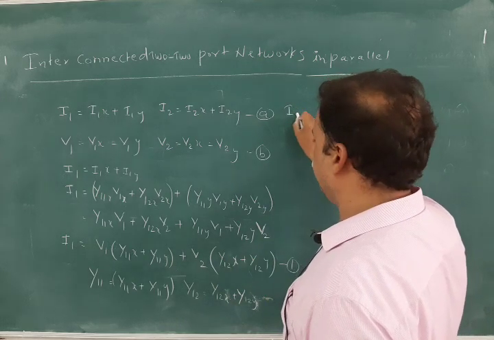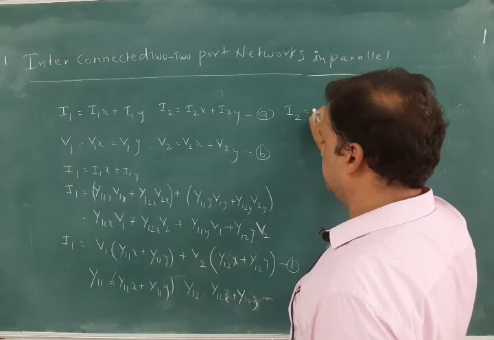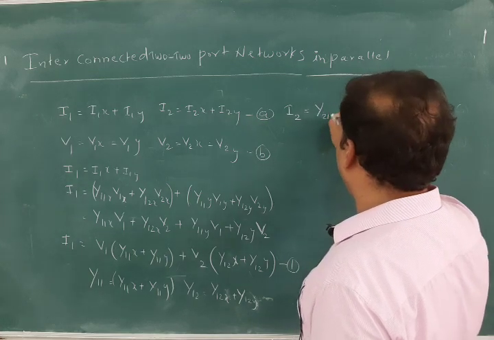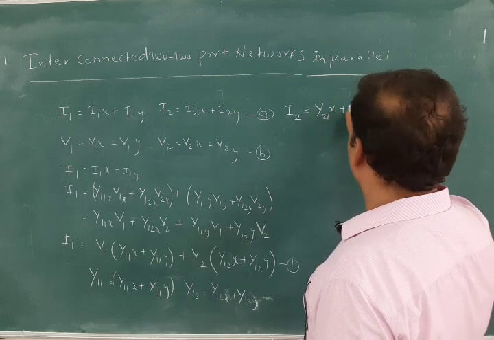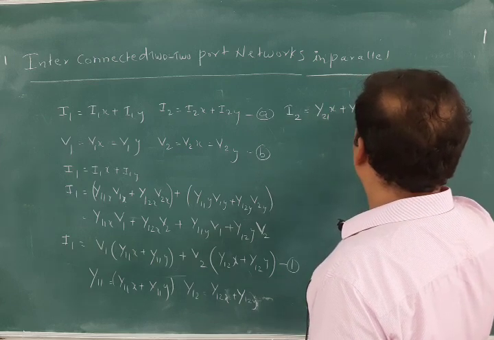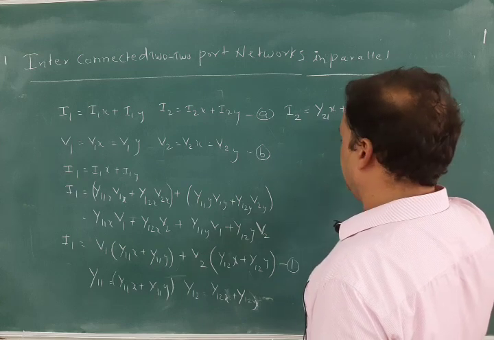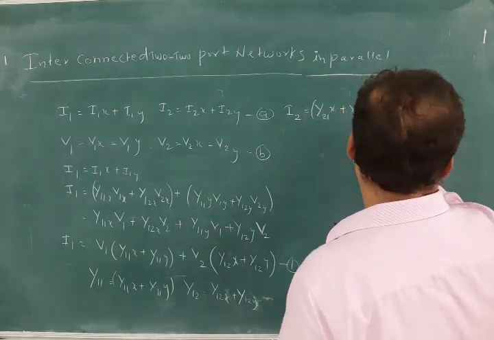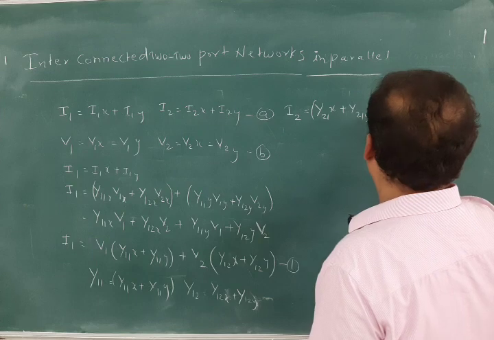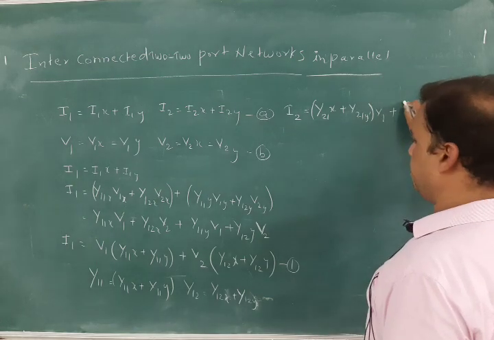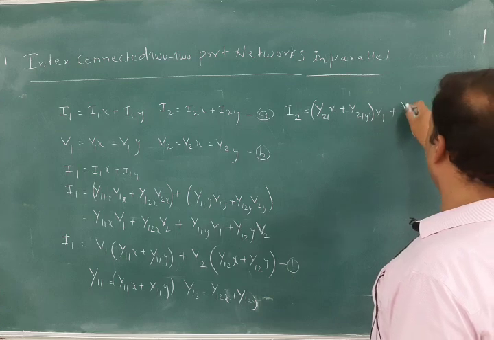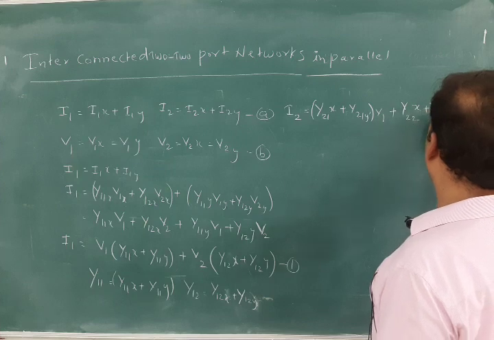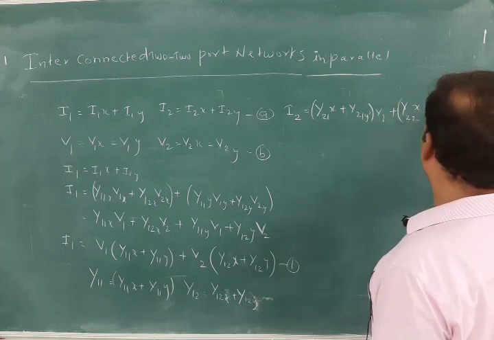I2 is equal to Y21x plus Y21y into V1 plus Y22x plus Y22y into V2.